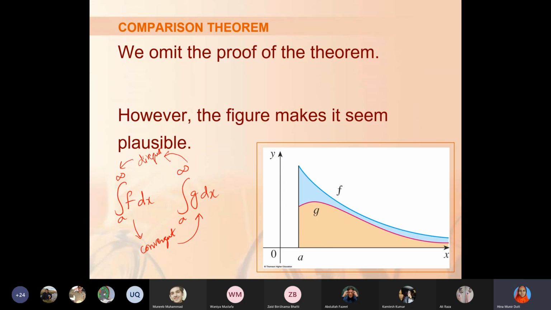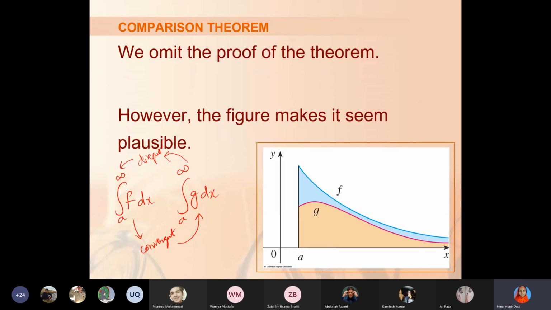So there are two more cases. There are four cases. The first case is if the integral of f is convergent, then the integral of g is convergent. The second case is if the integral of g is divergent, then the integral of f is divergent. What are the other two cases?